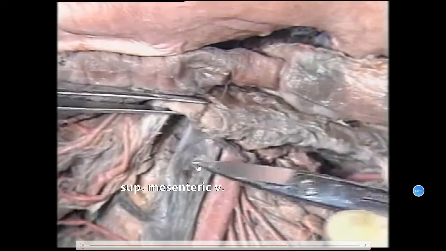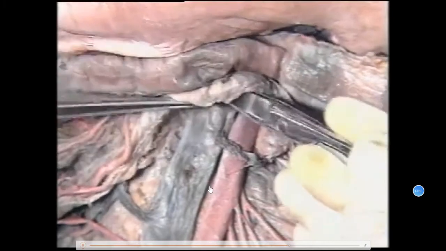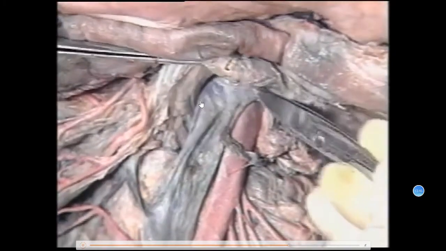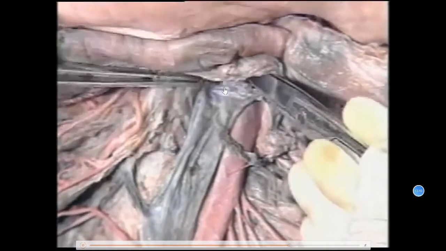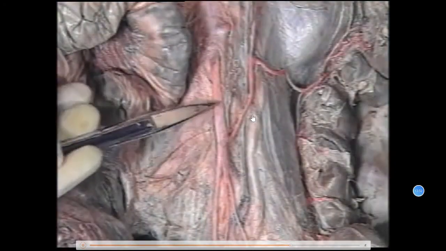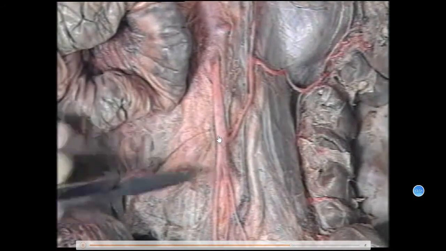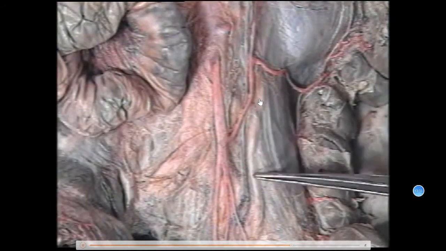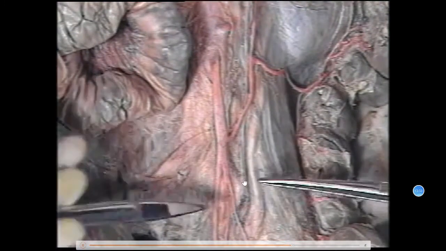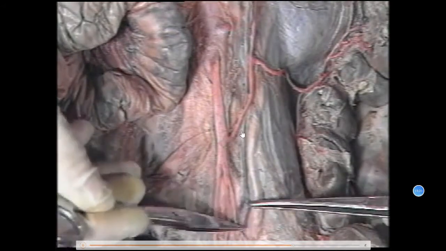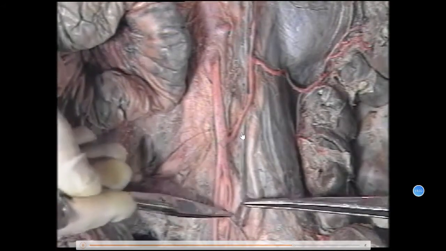The superior mesenteric vein is to the right of the artery, then goes behind the pancreas. Between the inferior mesenteric artery and the left ureter, we can see this vein. This is the inferior mesenteric vein.